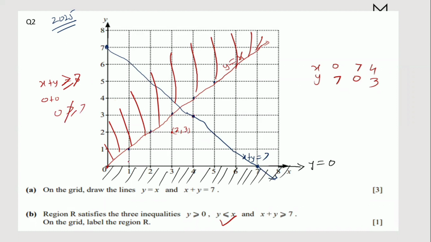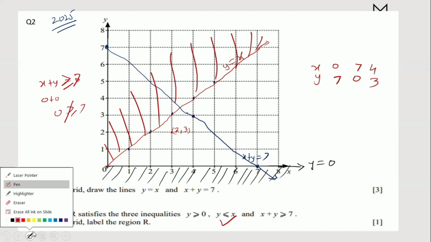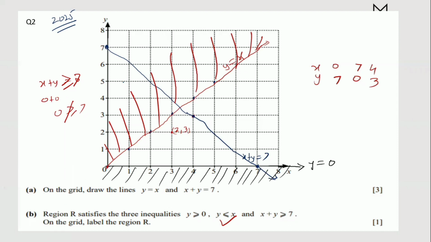No, it is less than. So the unwanted region is going to be the region which is below the line, because here we are finding that x plus y is greater than equal to 7, but we are finding 0 is less, so this region below does not satisfy the inequality. So we shade the unwanted region which is going to be below the line.